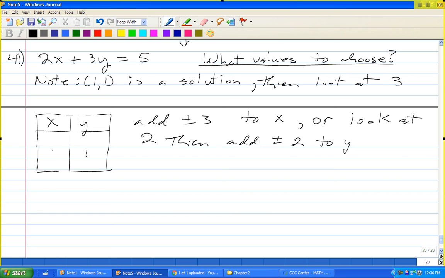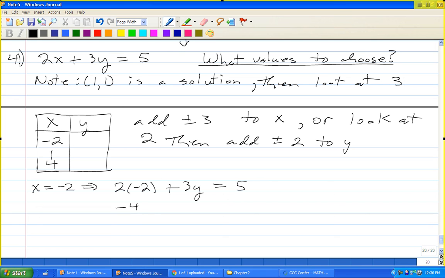Okay, so let's do this. So you get a 1 here. So I should add 3. So that gives you a 4. And subtract 3. That gives you a -2. Okay, so let's see what happens when x equals -2. So you get 2 times -2 plus 3y equals 5.